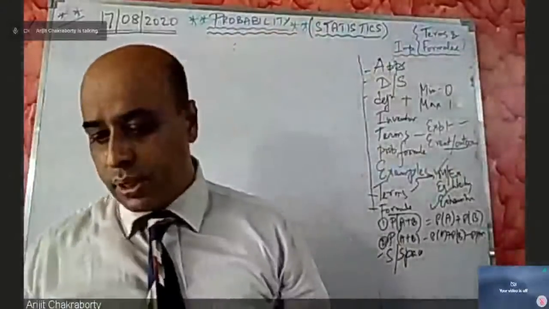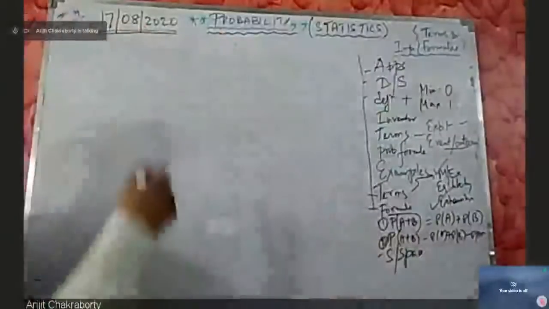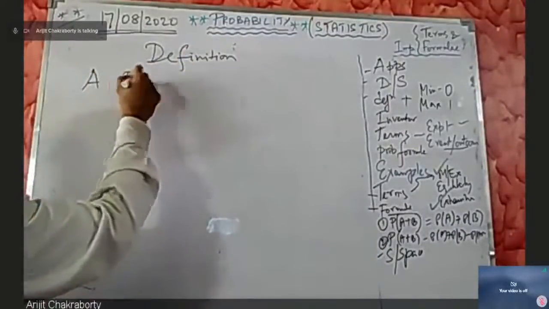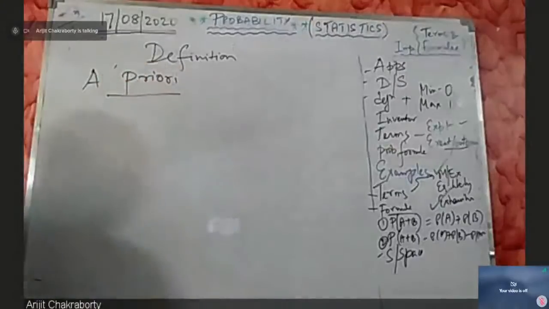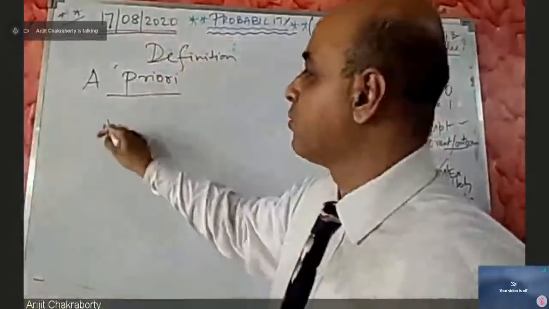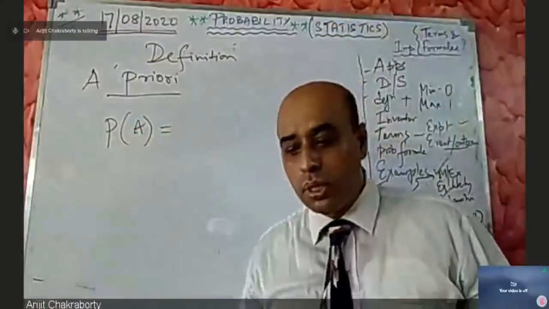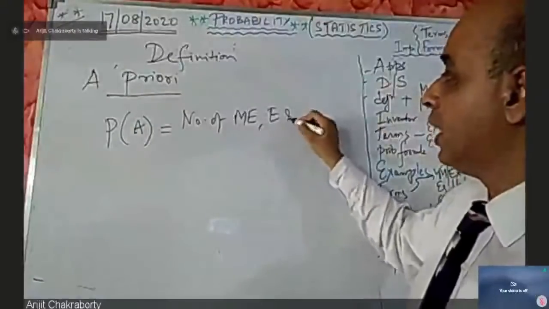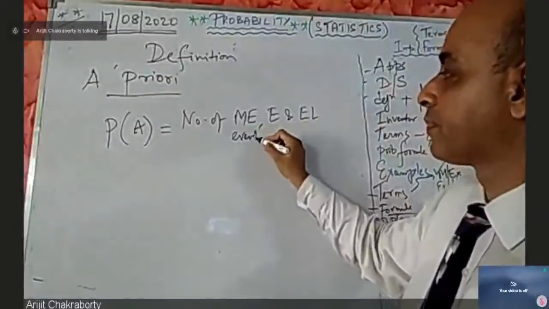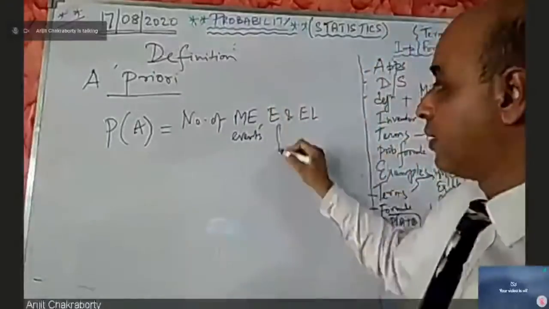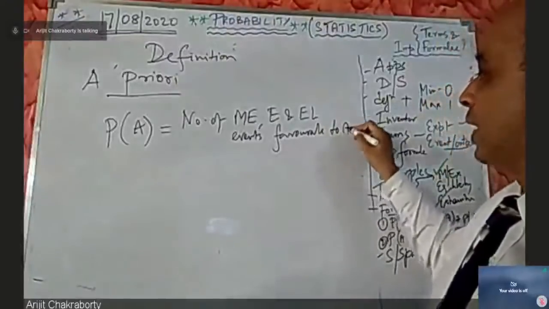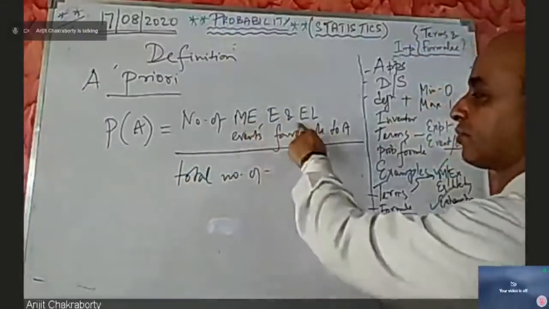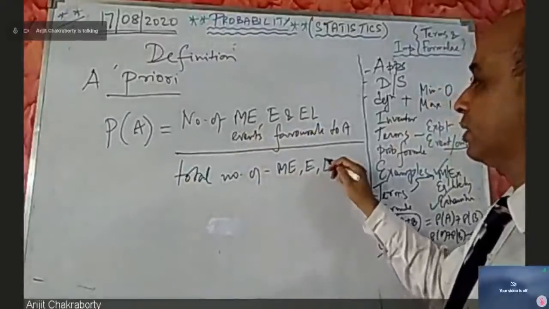So probability, if you see the formal Laplace definition, sometimes called the a priori definition, actually means the probability of an event A, P(A), is equal to the number of mutually exclusive, exhaustive and equally likely events which are favorable to A, divided by the total number of mutually exclusive, exhaustive and equally likely events.